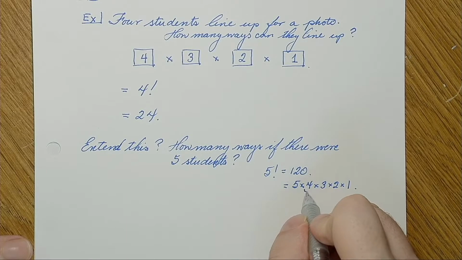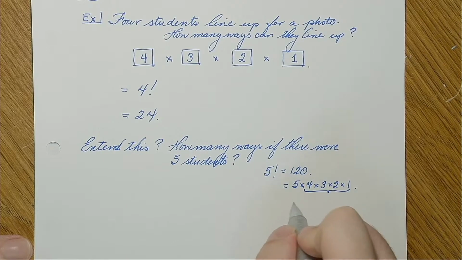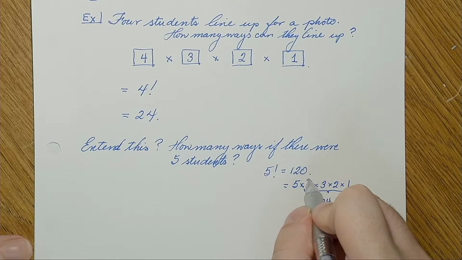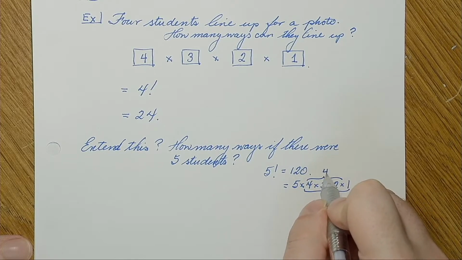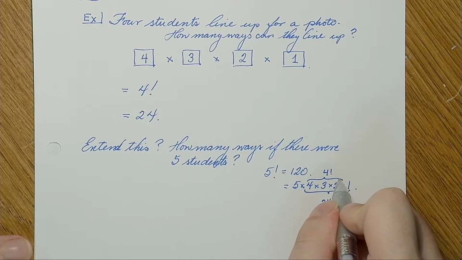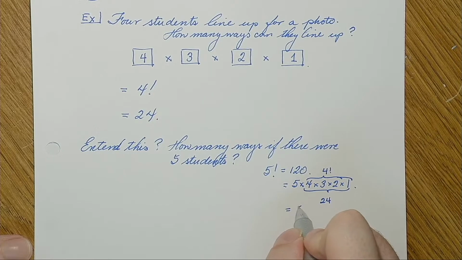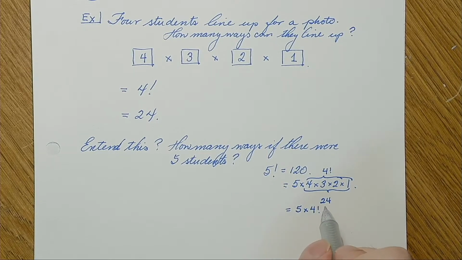But over here, we've already done that. We already know that this is 24. Or we also know that this is 4 factorial. Right? So we can also write that as 5 times 4 factorial. Or just if you know that you have 5 times 4 factorial and you already know what the 4 factorial is, that's 24. You just multiply the 24 by 5 to get you the 120.